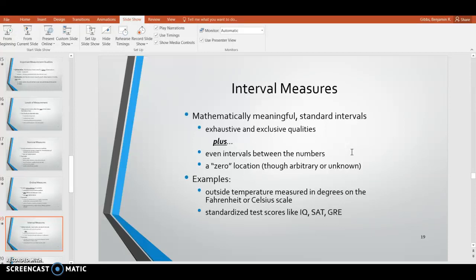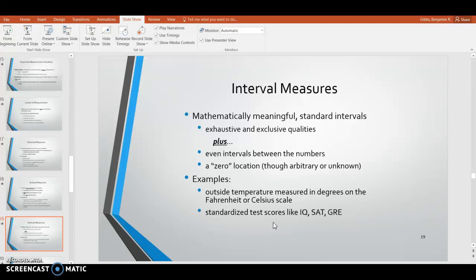So why that's important is that in certain things, such as outside temperature, or say standardized test scores like IQ, you can't have no temperature. Yes, we do have 0 degrees, but 0 degrees in Fahrenheit just means very cold.